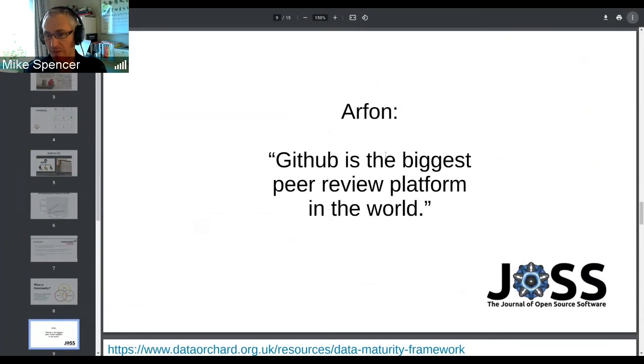His work at the Journal of Open Source Software was hugely interesting, and not just for those working in academia, even though that's where it's targeted. Maybe we can formalize our releases, and it could be used more broadly.